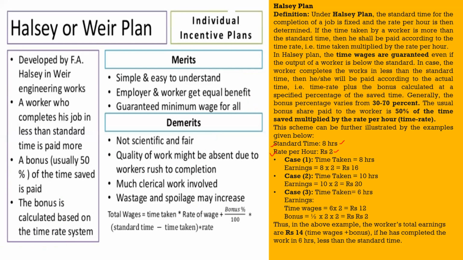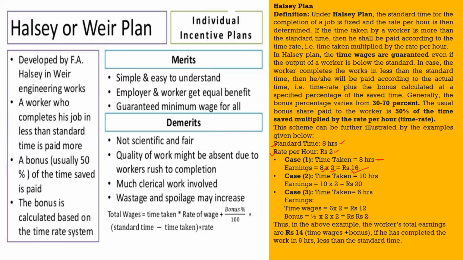So in case 1, time taken is 8 hours, earnings is 8 into 2, because the standard time is 8 hours, and the person has completed the work using 8 hours. That is 100% efficiency. So here the person has not taken less time, he has taken whatever time was given, so he is receiving 8 into 2, 16 rupees.